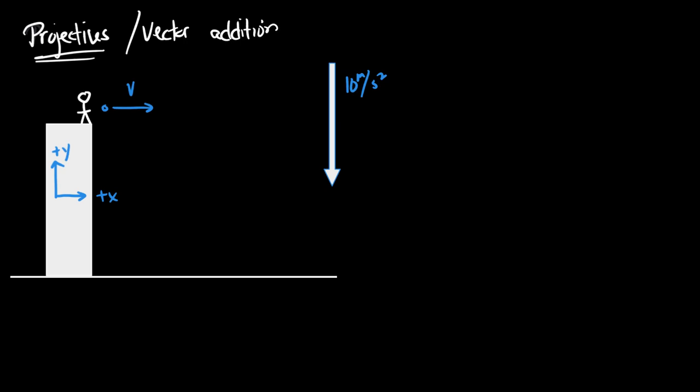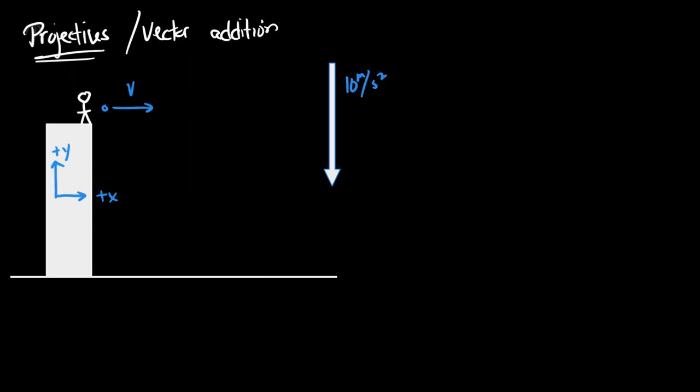With projectiles, the thing to understand is that we have 2 dimensions of motion, and they're kind of connected together and kind of not. The horizontal direction doesn't change. The horizontal speeds don't change. There's no acceleration in the horizontal direction.